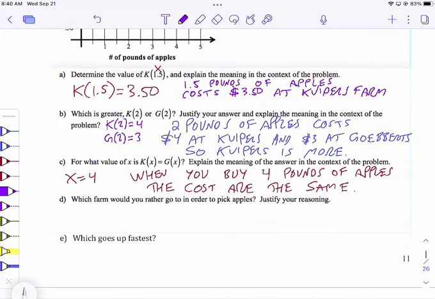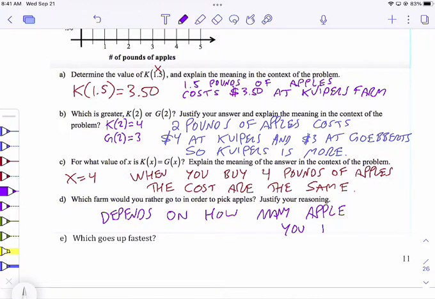So I'm just gonna write this down. It depends, and you could write whatever one you want. Depends on how many apples you buy. How many pounds of apples you buy?